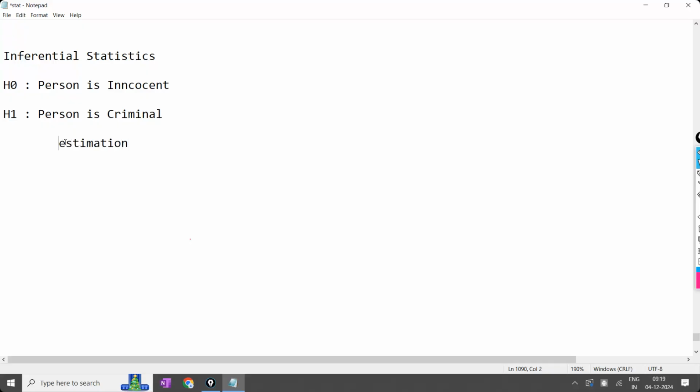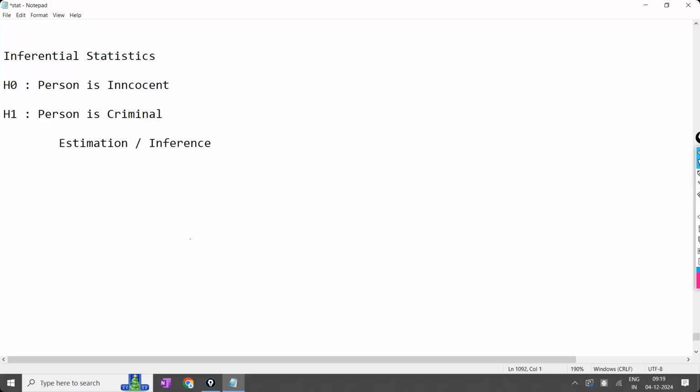The estimation we do in inferential statistics is also called inference. We are inferring about the data based on the sample. Sometimes our estimations might be correct, and sometimes they might be wrong.